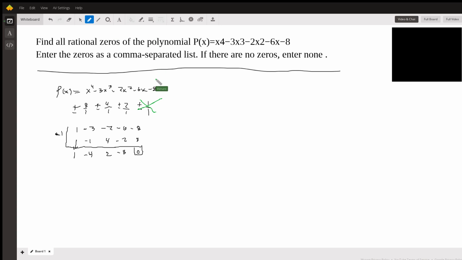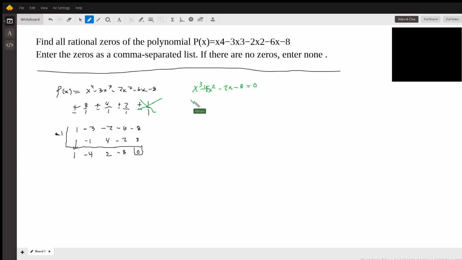So this is going to be x cubed minus 4x squared minus 2x minus 8 equals 0. Let's see, let's try grouping here.